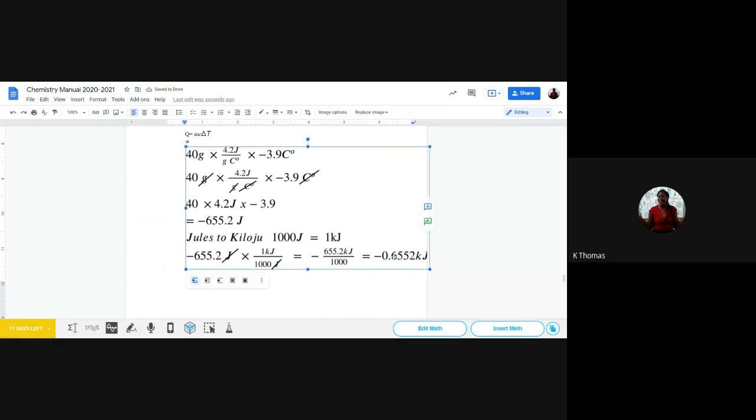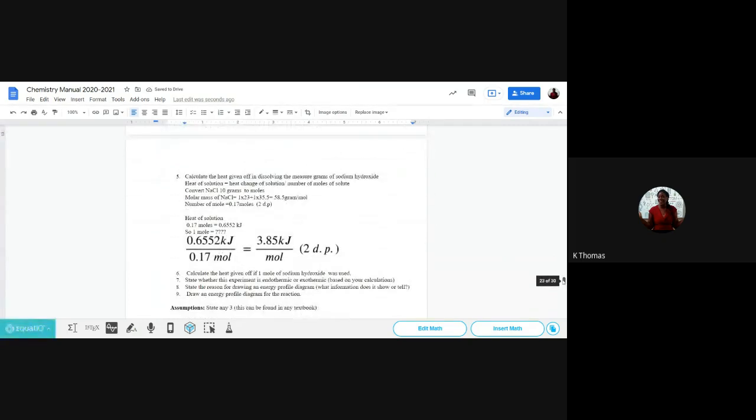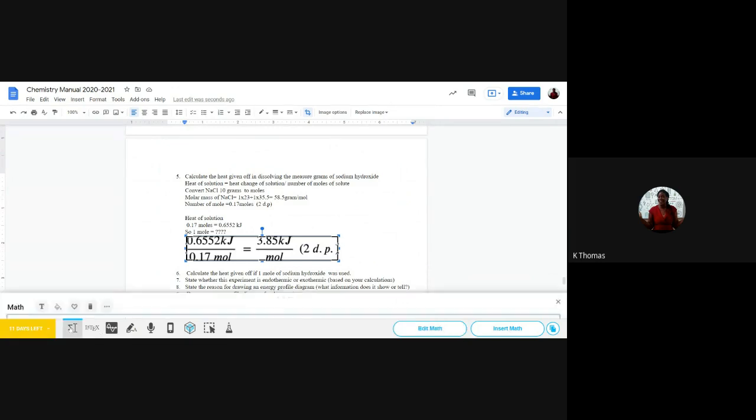You notice how that affects my answer? It gave me the wrong answer. Heat of solution is negative, that means energy was lost to my environment. My heat change should also be negative. So don't forget to put in your negative signs.